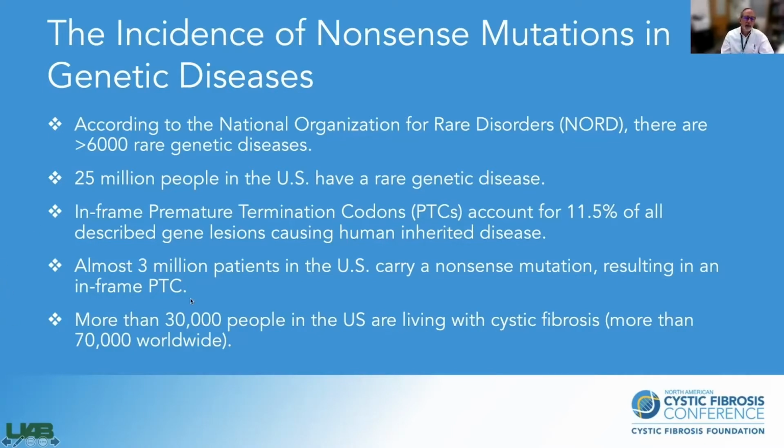About 3 million patients in the US carry a nonsense mutation that results in an in-frame PTC. If you look at CF, there are more than 30,000 people in the US living with cystic fibrosis and more than 70,000 worldwide, and about 10% of these patients have PTCs. So there's a significant number of people that could benefit from nonsense suppression approaches.